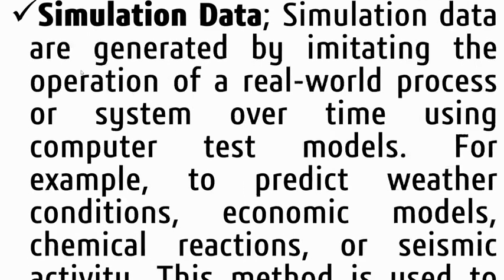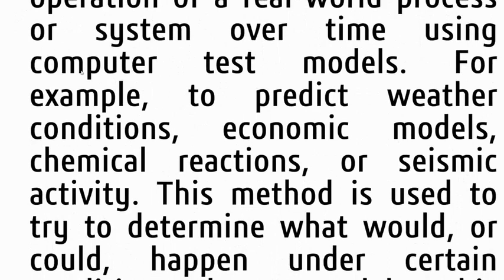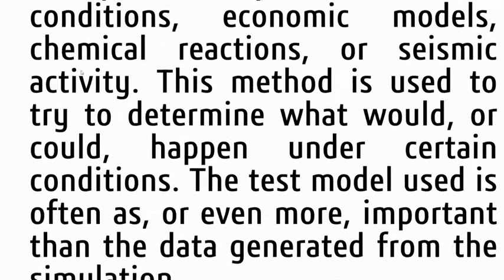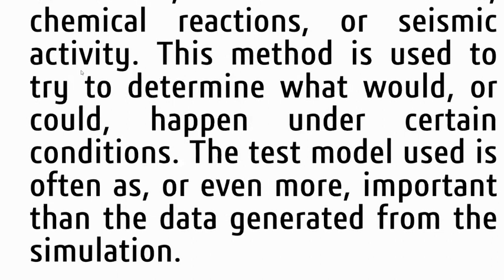For example, to predict weather conditions, economic models, chemical reactions, or seismic activities. We already have some software, some computer programs, where you can change variables and generate data. This method is used to try to determine what would or could happen under certain conditions.